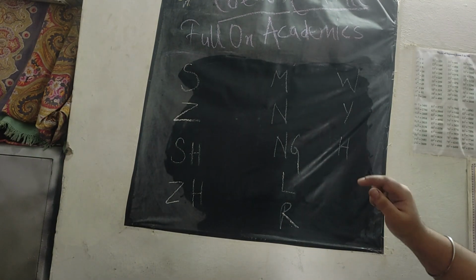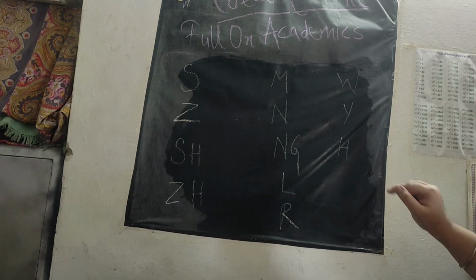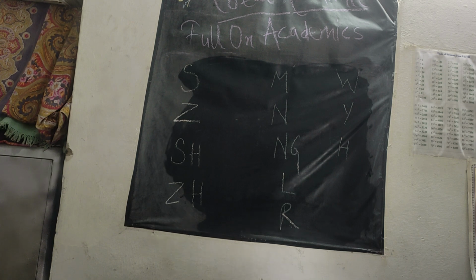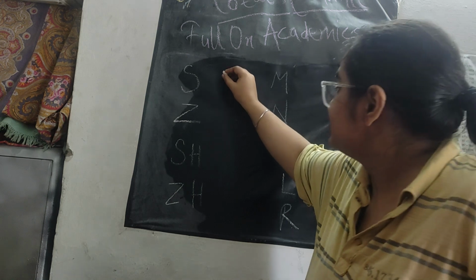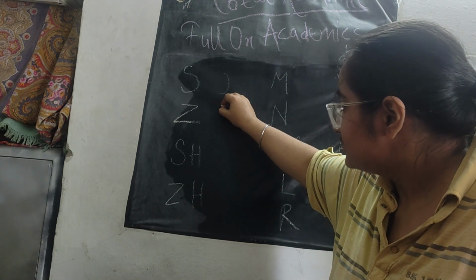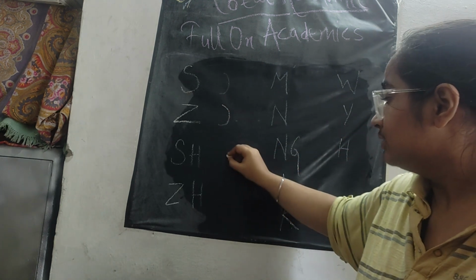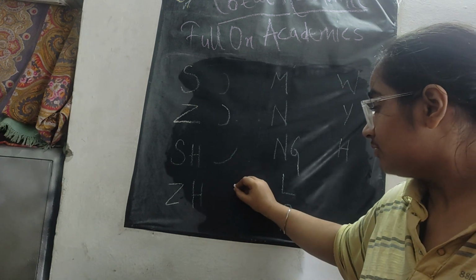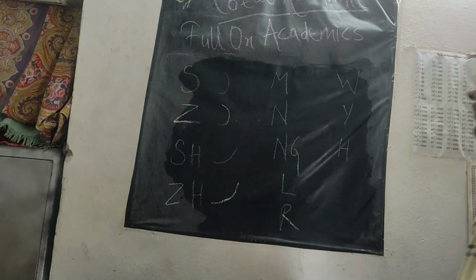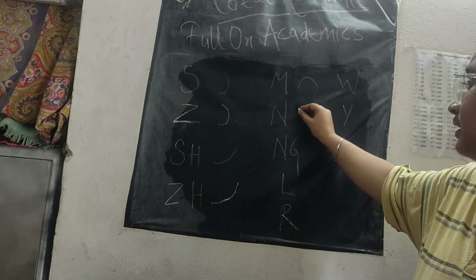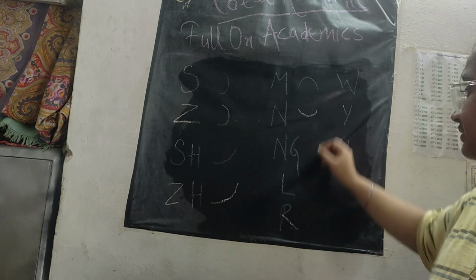S, Z, Ish, Z, M, N, Ing, L, R, Ve, Ye, He. S is the opposite of it, lightened. Z is the opposite, a darkened, thick one. Ish is the opposite of F. Z is darkened. M is like this. N is a smiley face.